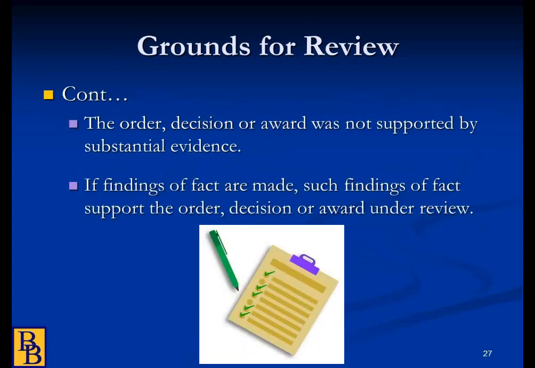And finally, the last two, the order, decision, or award was not supported by substantial evidence, which is the most common grounds for appeal. And if the findings of fact are made, such findings of facts that should read do not support the order, decision, or award under review.